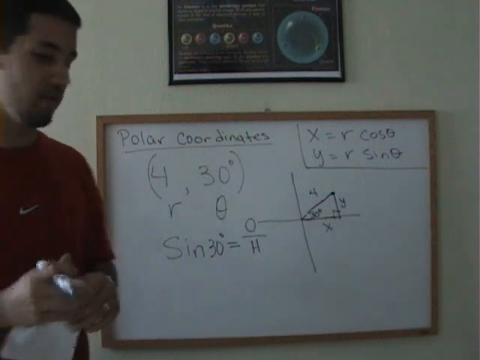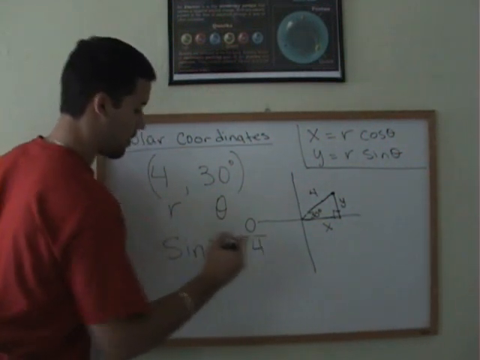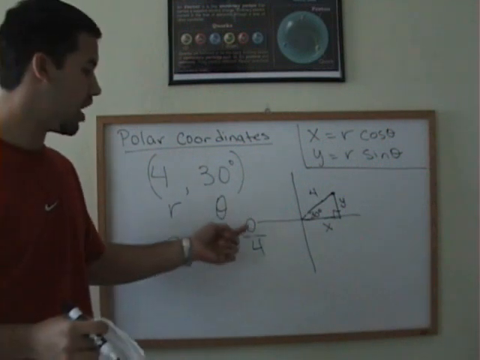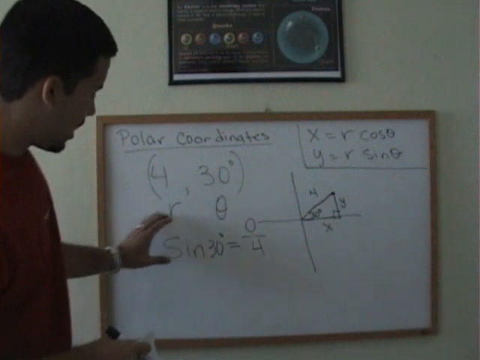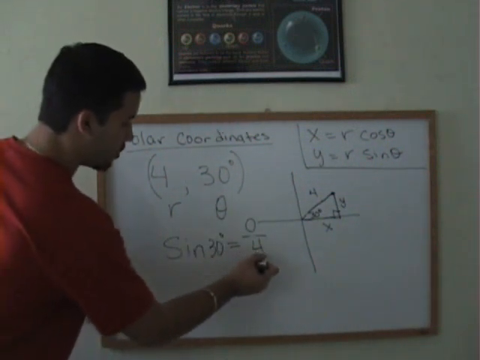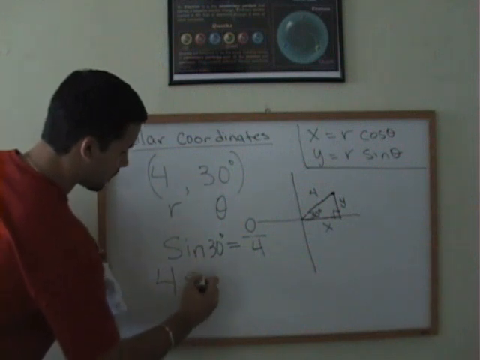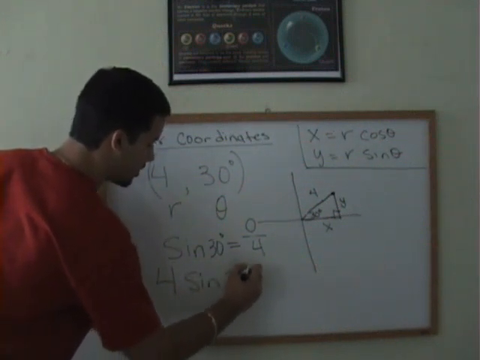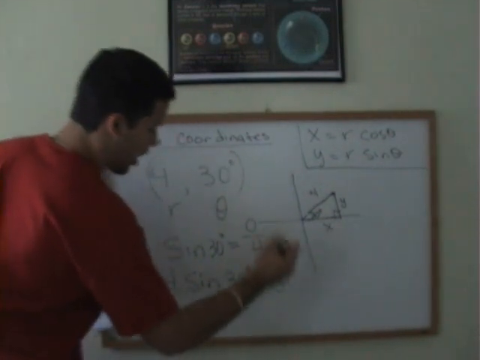We have a hypotenuse, which is 4. Okay, so all we need to find is the opposite side, or the y. And in order to find the y, we're going to move the 4 to the other side. So you're going to say 4 sine of 30 degrees is equal to the opposite side, or the y.